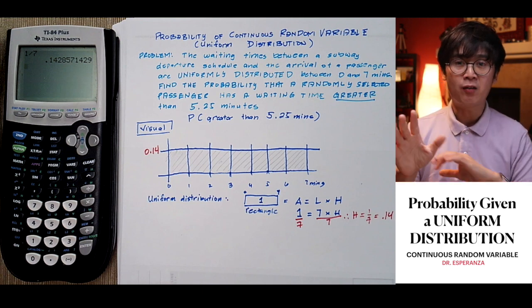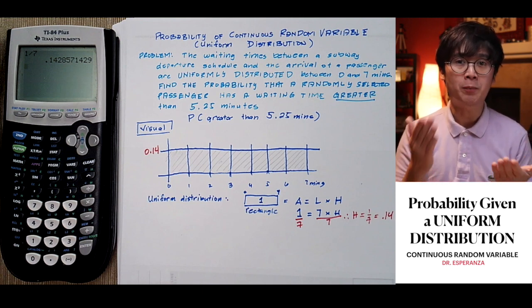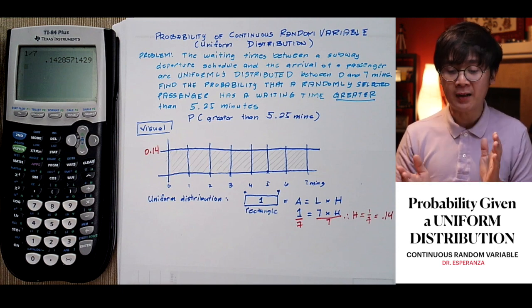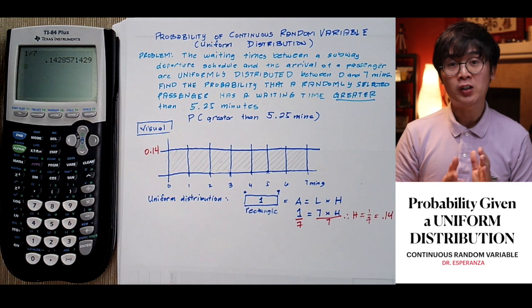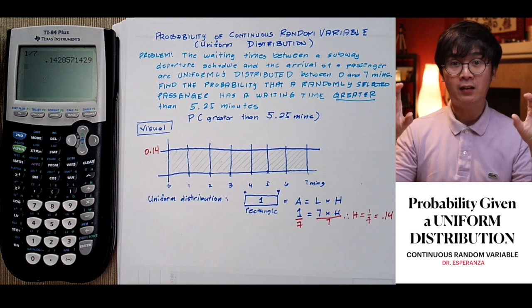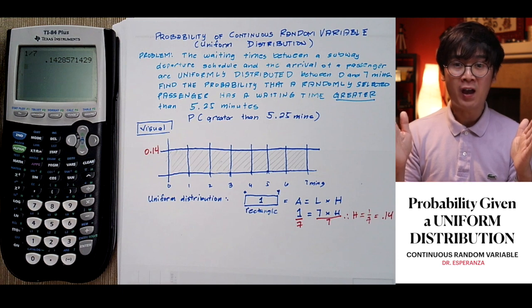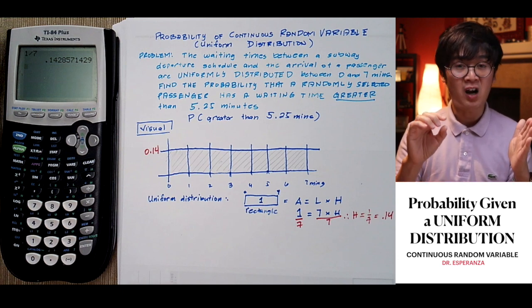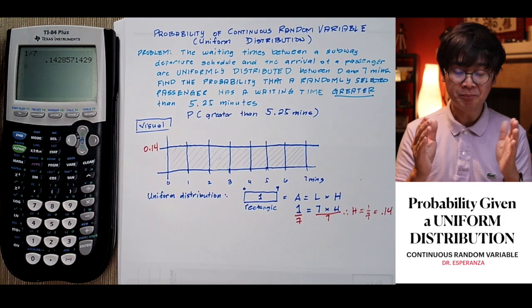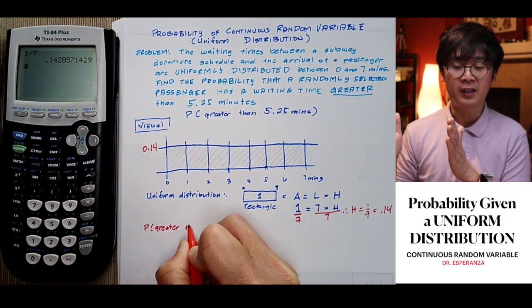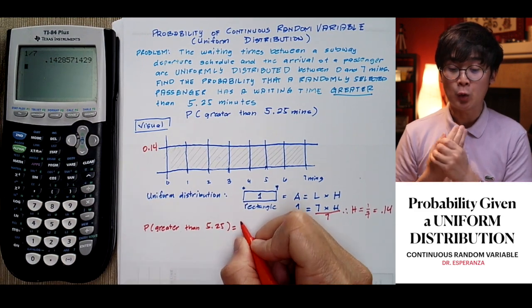Now that we have all the ingredients that we need to answer P of greater than 5.25, we're just going to illustrate greater than 5.25 minutes in our rectangle. In our horizontal axis, just go to 5.25, just a rough estimate of 5 1/4, all the way to 7 minutes, because that is what the probability is asking us to find.